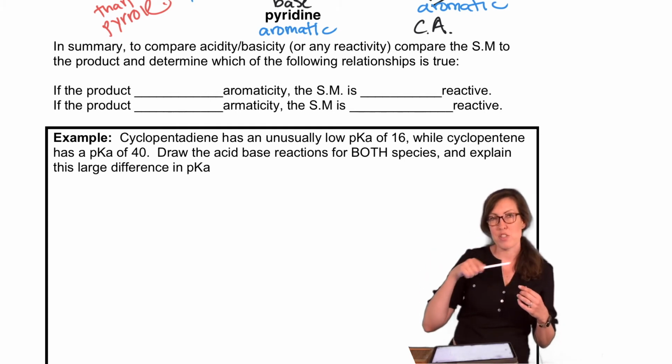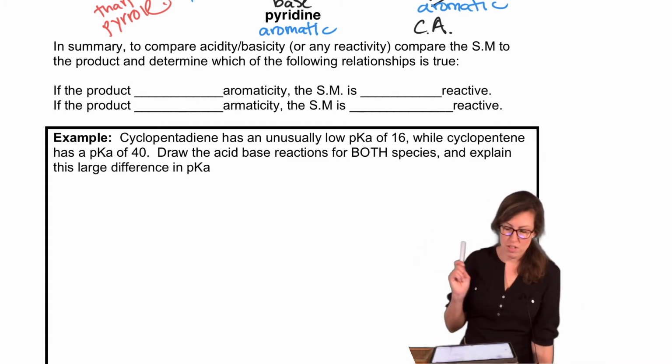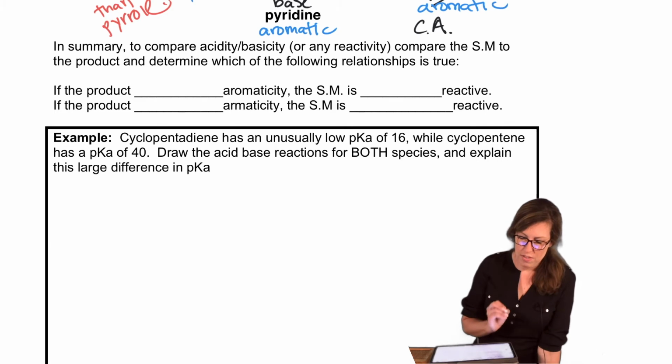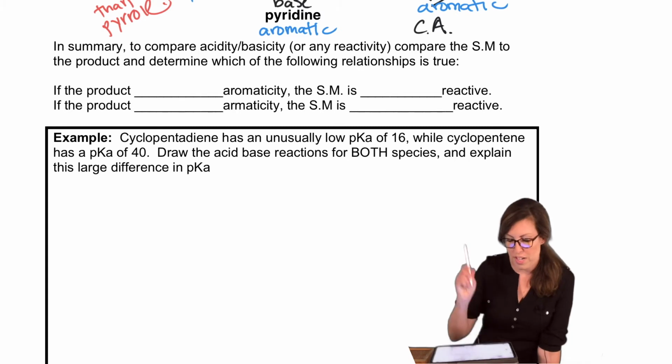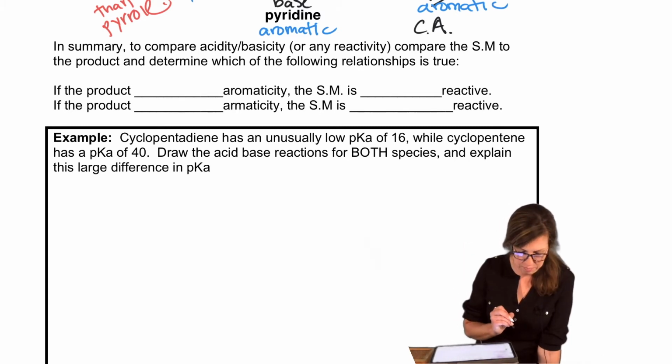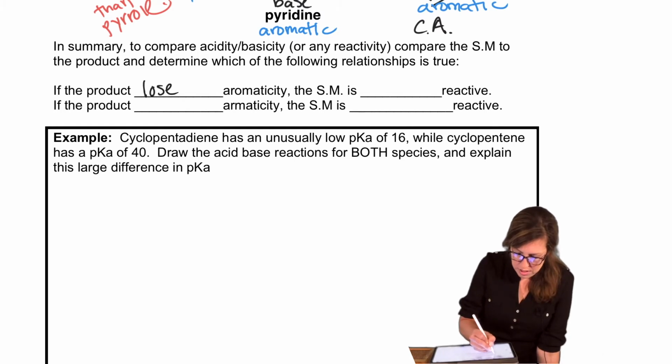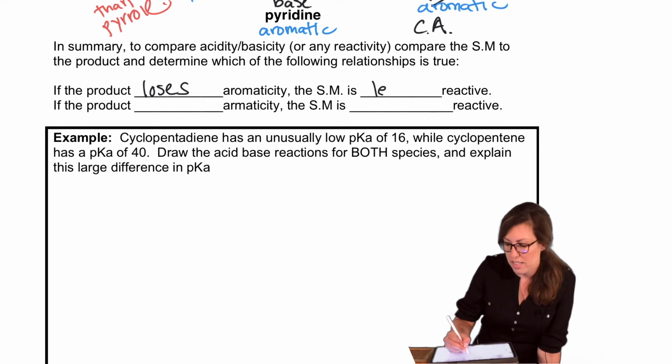So aromaticity trumps the resonance. So you got to watch out for that. If you're comparing acidity or basicity to your starting material and you're trying to determine which relationship is true, if an aromatic ring is part of the game, if the product loses aromaticity, the starting material is less reactive.